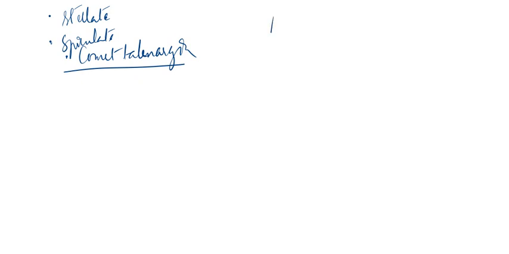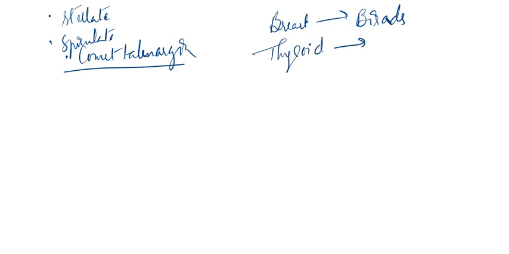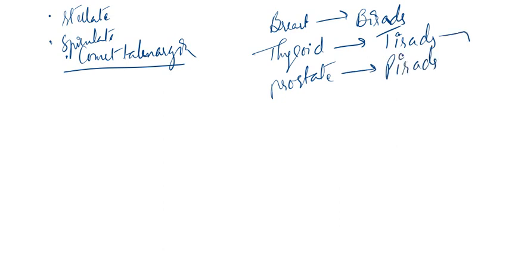Now one thing I just want to tell here, that for breast it is BI-RADS. For thyroid, of course there is TI-RADS. And for prostate, that is PI-RADS. Now the TI-RADS or thyroid malignancy score is done with the help of sonography, whereas BI-RADS is done with the help of mammography.